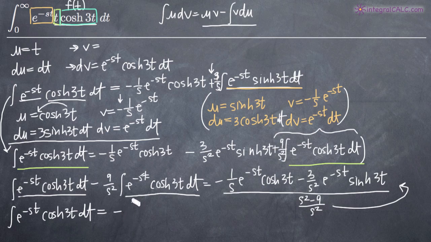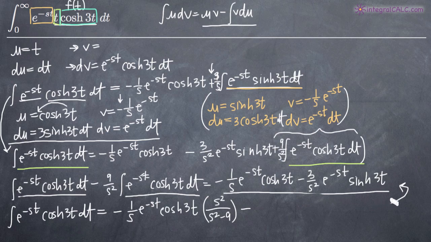So we'll get negative 1 over s e to the negative st cosh 3t, and we'll multiply here by s squared over s squared minus 9, minus 3 over s squared e to the negative st hyperbolic sine of 3t times s squared over s squared minus 9.